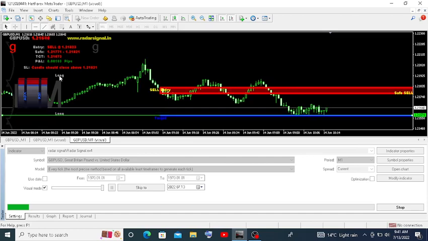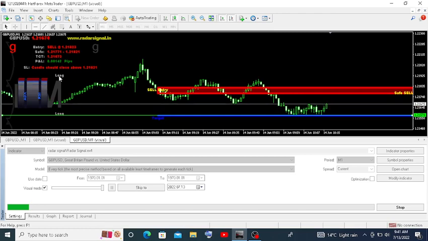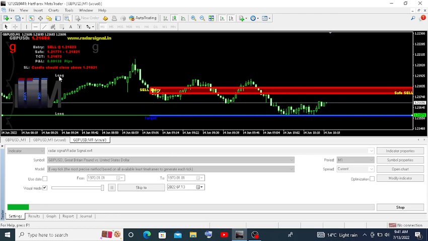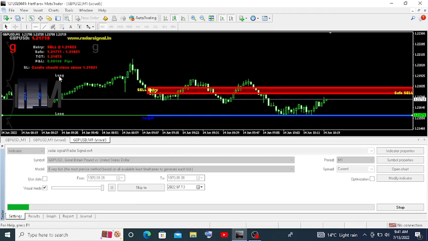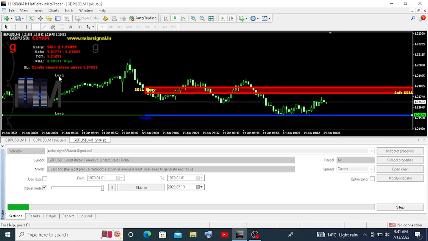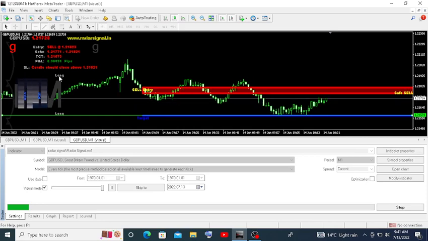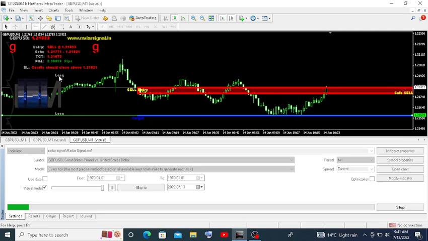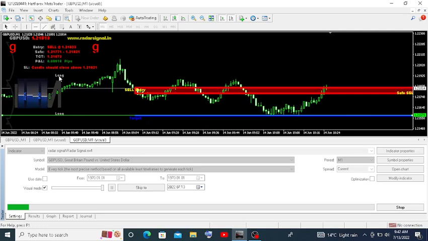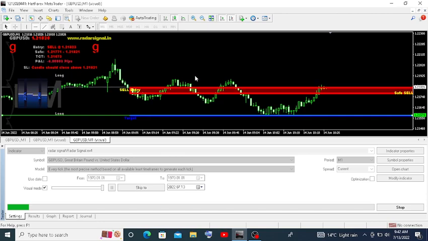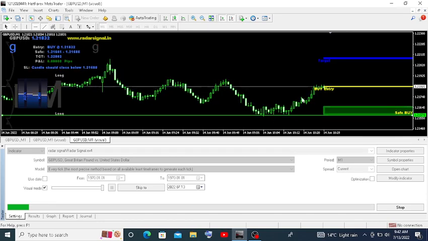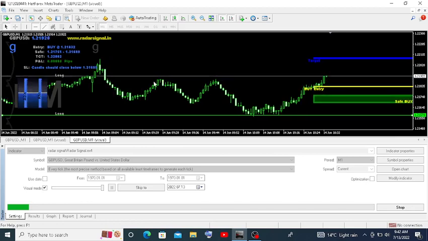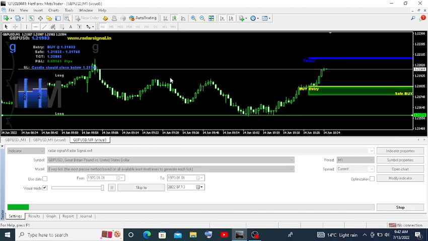If you have a proper money management strategy, I'm telling you, you will profit in the market, because little profits are better than a huge loss, and little losses are better than blowing your account. So it is better for you to collect all these minor profits and to close all these minor losses if it hits your stop loss, so that you don't blow your account.